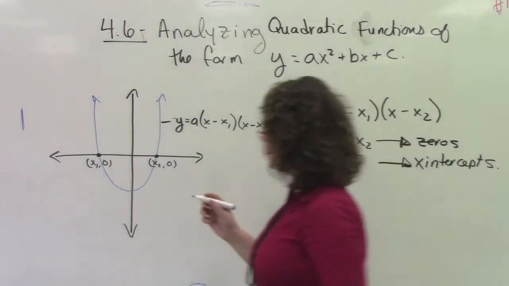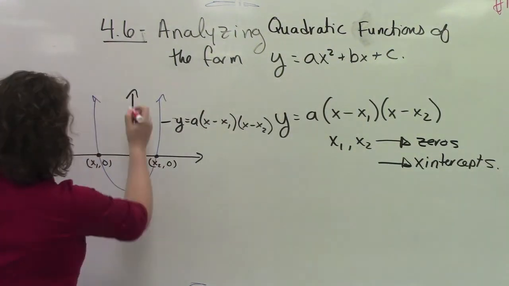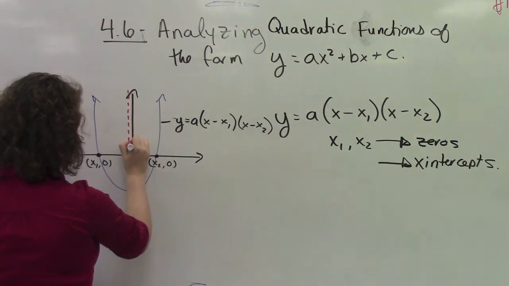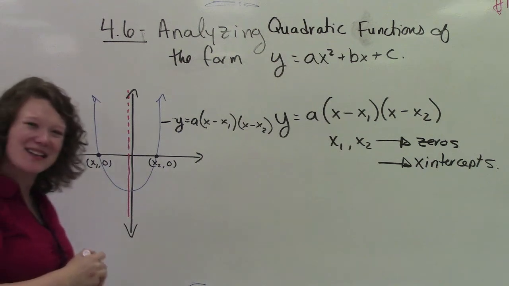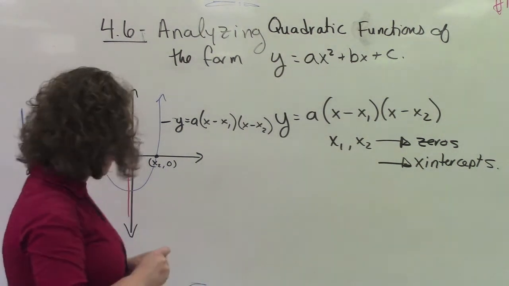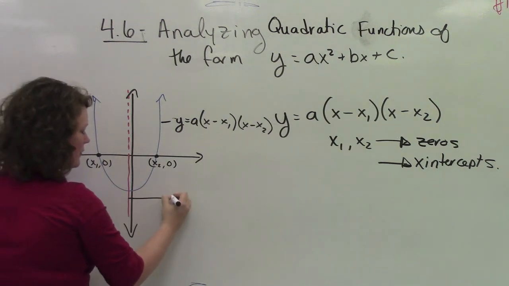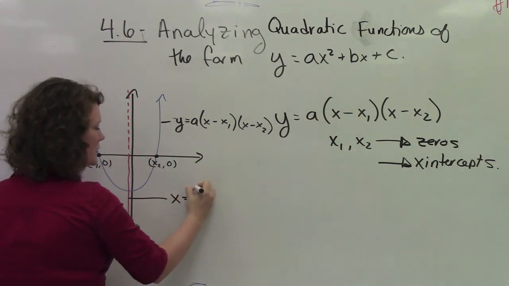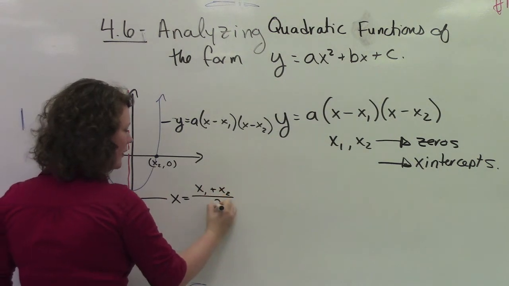Now, if we wanted to figure out what the axis of symmetry would be, in this case it's right here. If we wanted to find the equation, now this is the new spicy meatball bit, we can say that it's x equals (x1 plus x2) over 2.